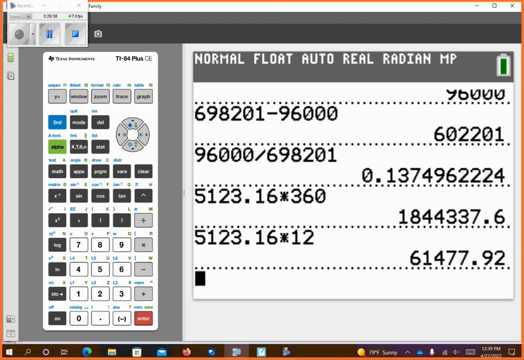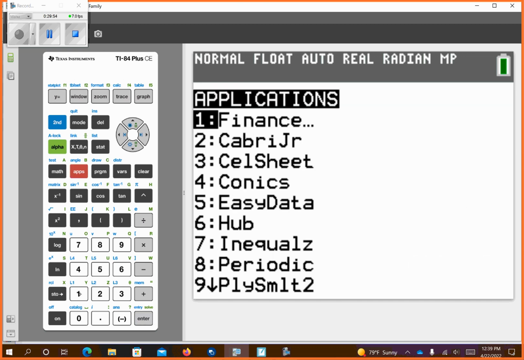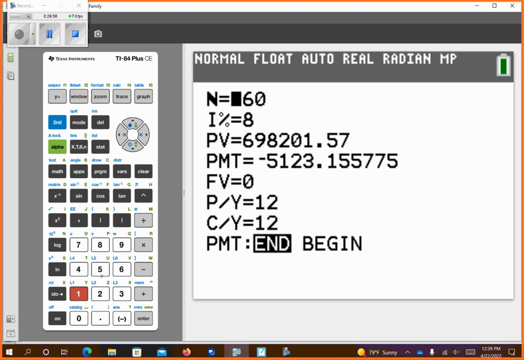I am going to lowball where I should be. And when I say lowball, it should be a lot more than this. So I'm going to go back into my apps, the TVM solver. I still want the 360 payments.